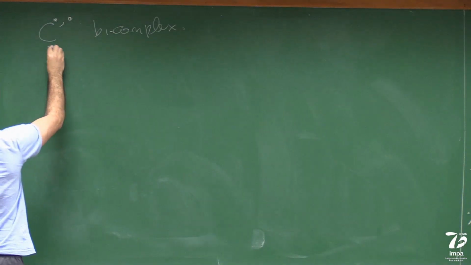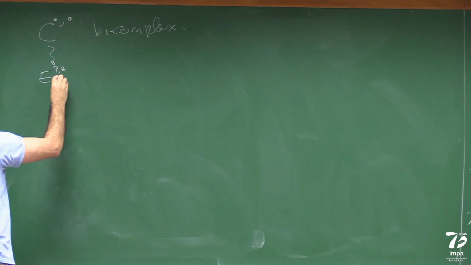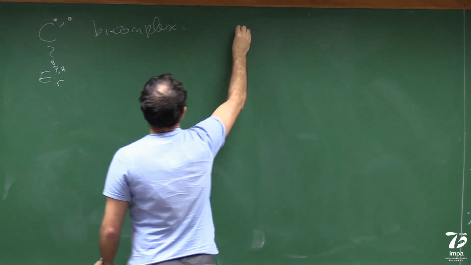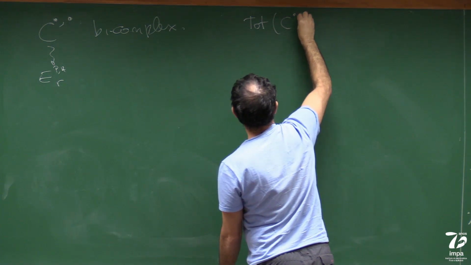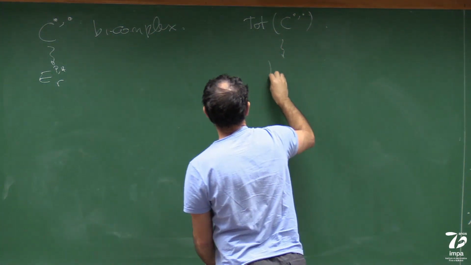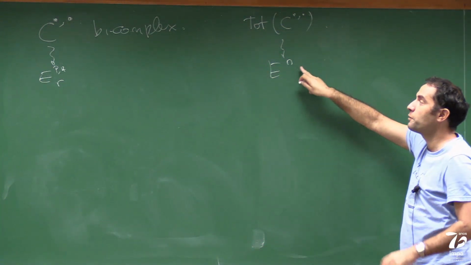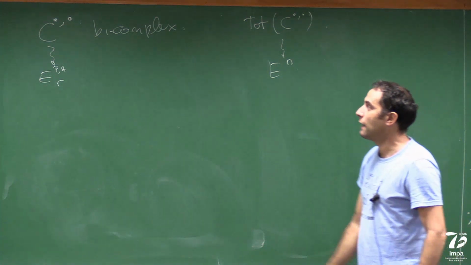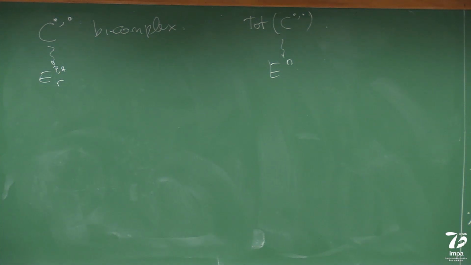So this is going to give rise to the E_PQs. And the total complex of this bicomplex, which is what I'm interested in computing, is going to give rise to E_N. So that's the object that I want to compute the homology of. And this is the object that is going to give me the spectral sequence pages.